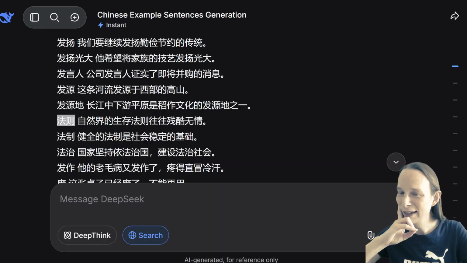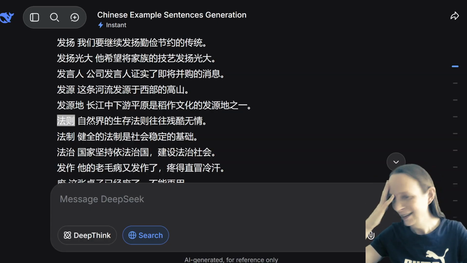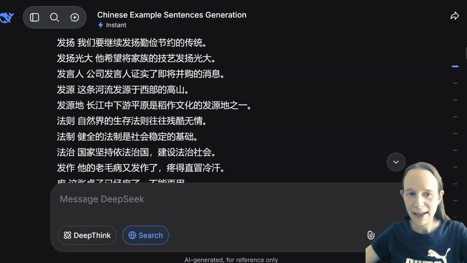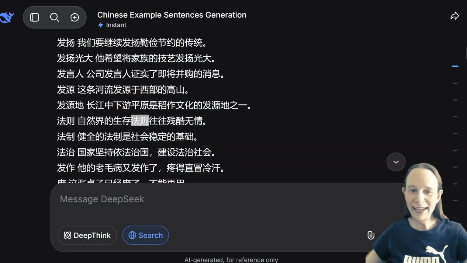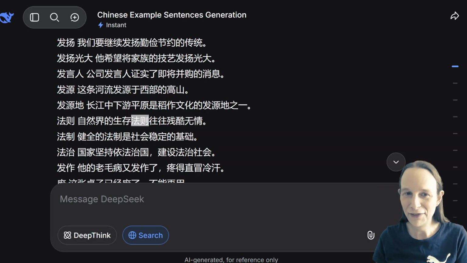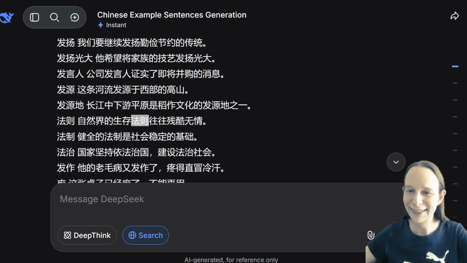This is something you'd read in, no, I don't know. 自然界的生存法则源于残酷无情. So the 法则 of nature, the laws of survival of nature are often cruel and merciless.